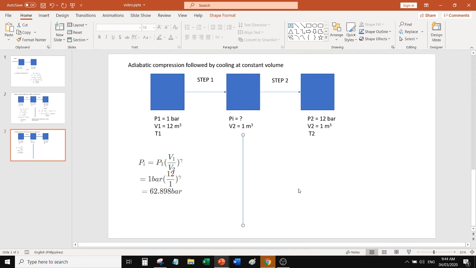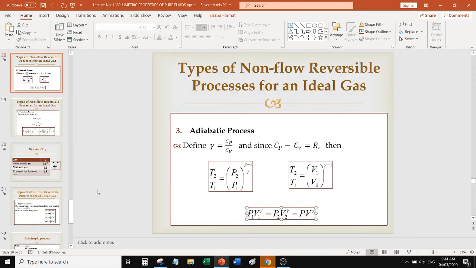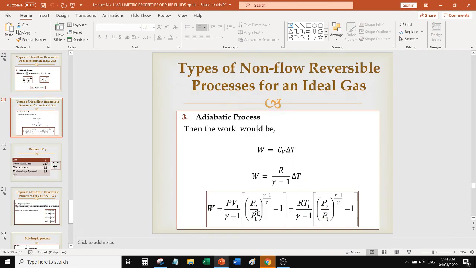The same equation that we used for work, we plug in all the values. So we have P1, V1, and then for P2 we use the intermediate pressure to get the work. I will not show that step by step.